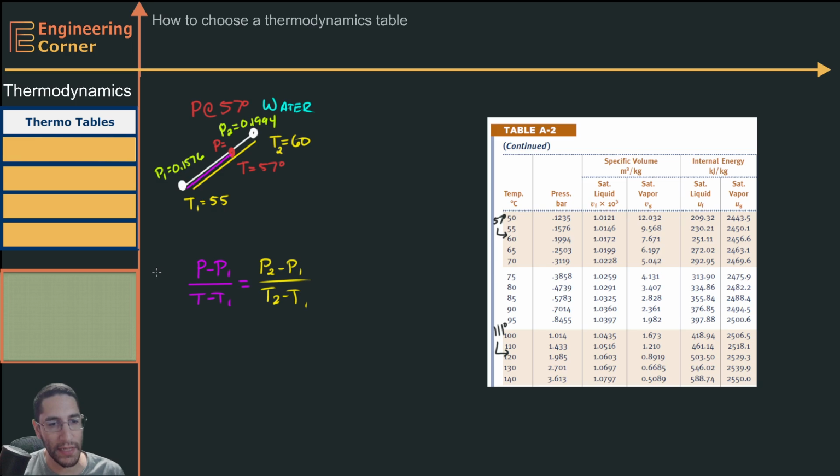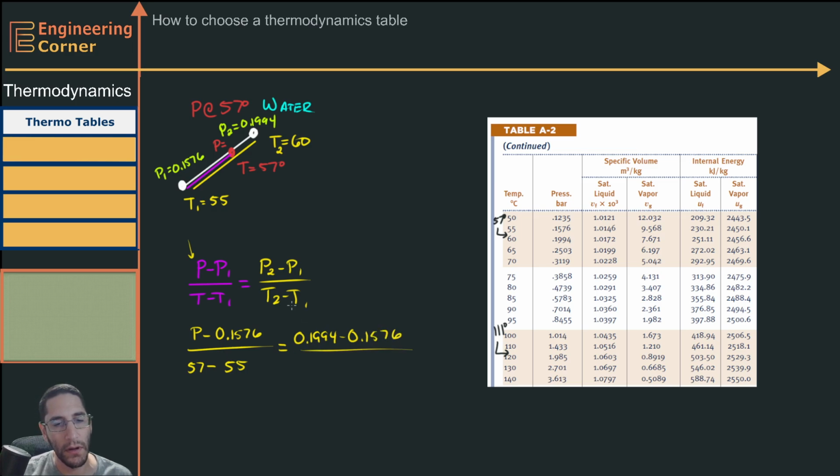Now I just put my values in. I don't know what P is, but I do know what P1 is. So I have P minus 0.1576 over T, which is 57, minus 55. This is equal to P2, so 0.1994 minus 0.1576 over T2 minus T1, so 60 minus 55.